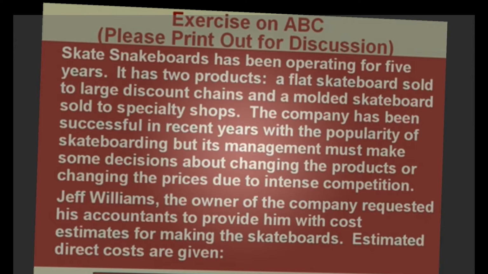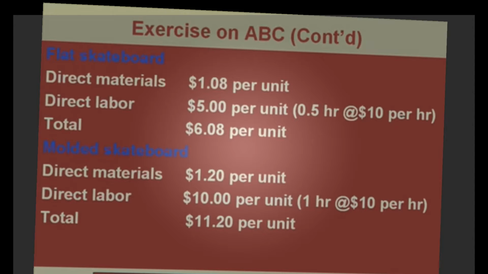It involves a company called Skateboard. It makes 2 types of skateboards, flat, which is a cheap kind, and a fancy kind called molded skateboards. Okay, print this page out.